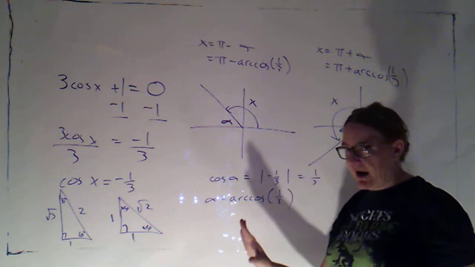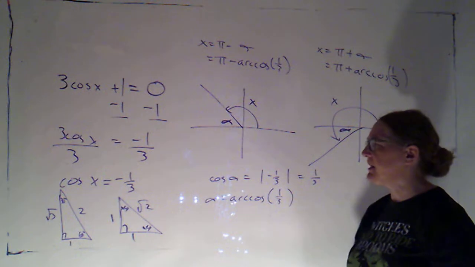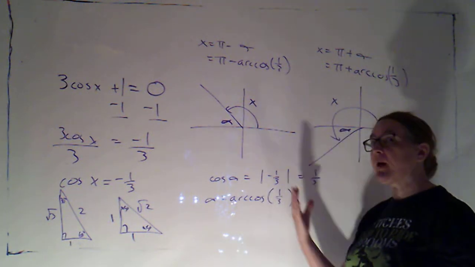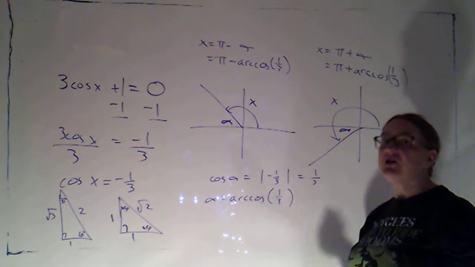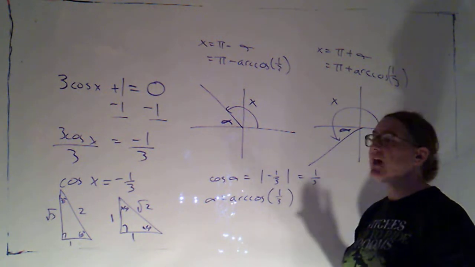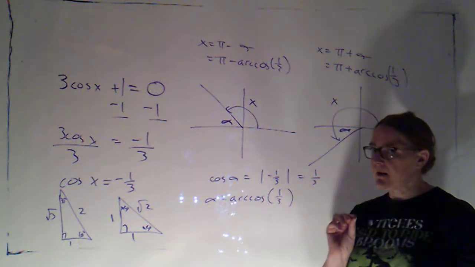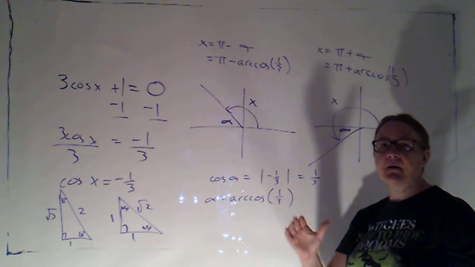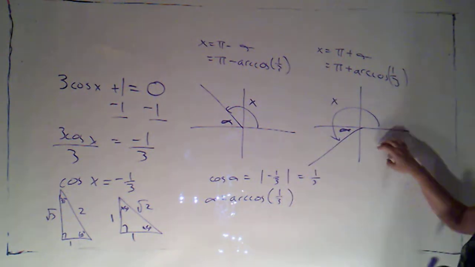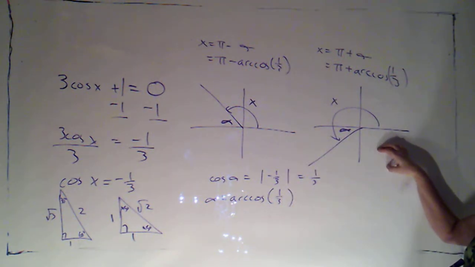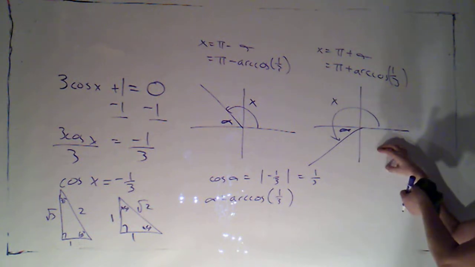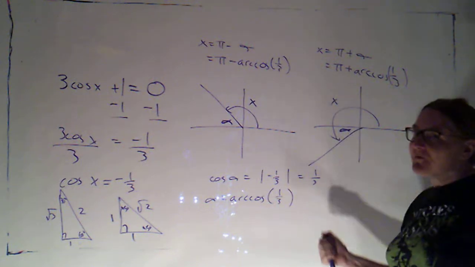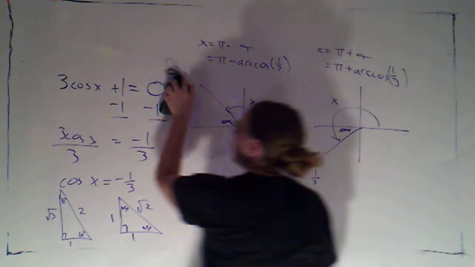So sometimes, depending on which trig function is involved, and depending on what quadrants you're in, you might be able to describe one of your solutions using an inverse trig function applied to a negative value. Gotta remember, with inverse sine and inverse tangent, if you're taking those of a negative number, you get an angle in quadrant 4 that's a negative acute angle. So that's never going to give you something between 0 and 2 pi. But I could work with that negative angle if I wanted to.